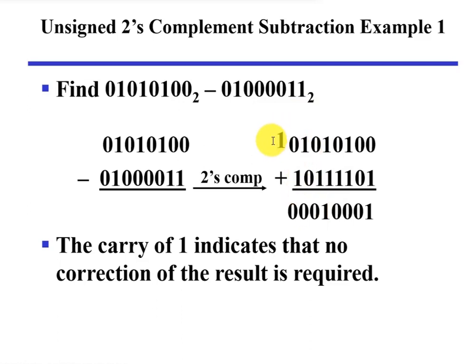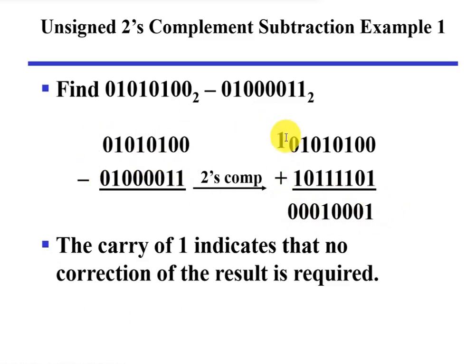And we'll have the following carry, which is equal to 2 to the n. Well, we can discard this n carry and keep the following result, which is the correct value of the subtraction.